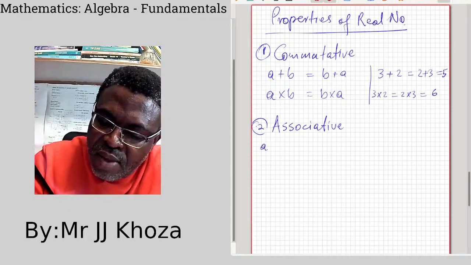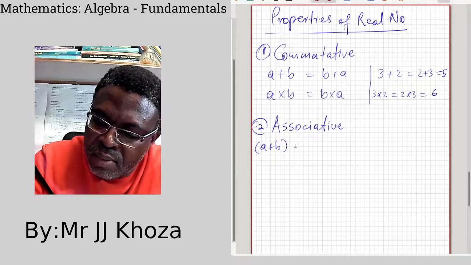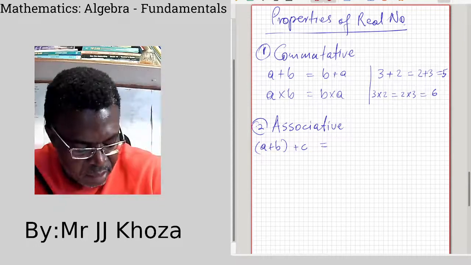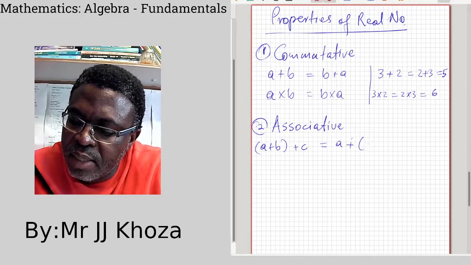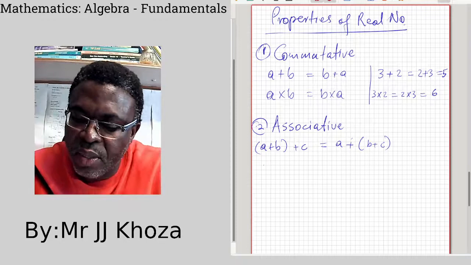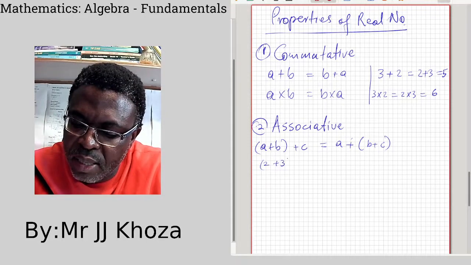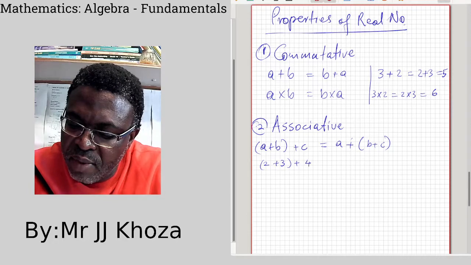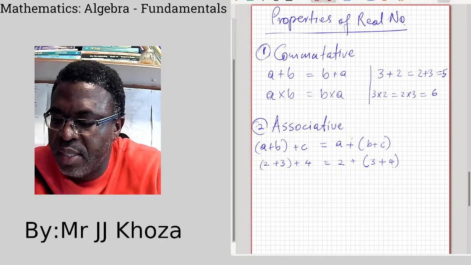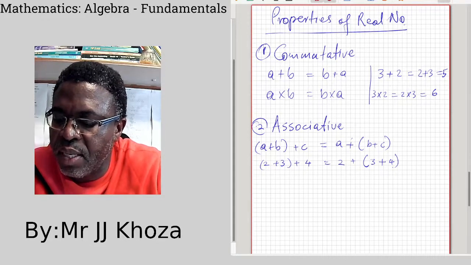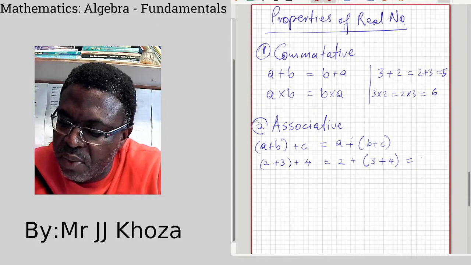You may have A plus B plus C, which is similar to A plus B plus C with the grouping changed. So you can have 2 plus 3 plus 4, and you can have 2 plus 3 plus 4 grouped differently. The answer is still the same. It will give you 9.